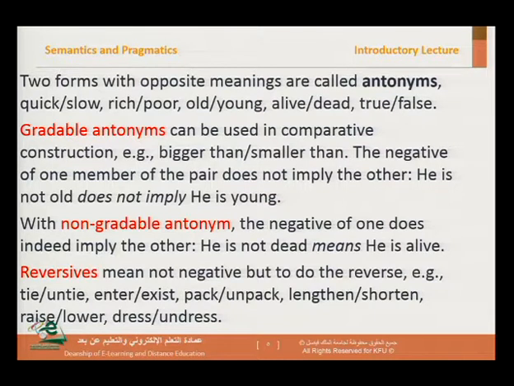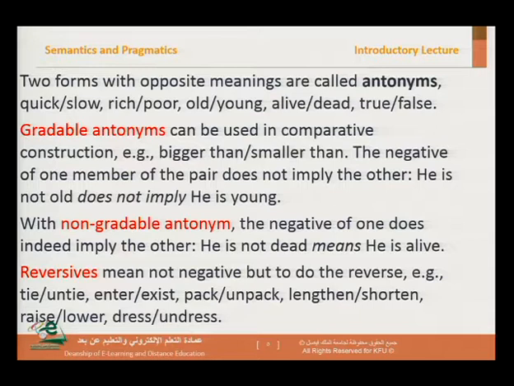No. In order to have the opposite or the antonymy, we need to do the reverse, to go back or to change direction. I can tie my shoes. Now if I want the opposite, it would be untie my shoes, right?